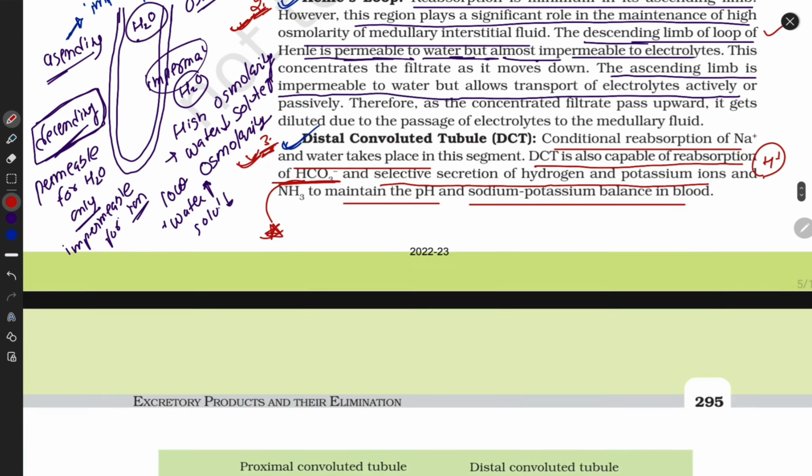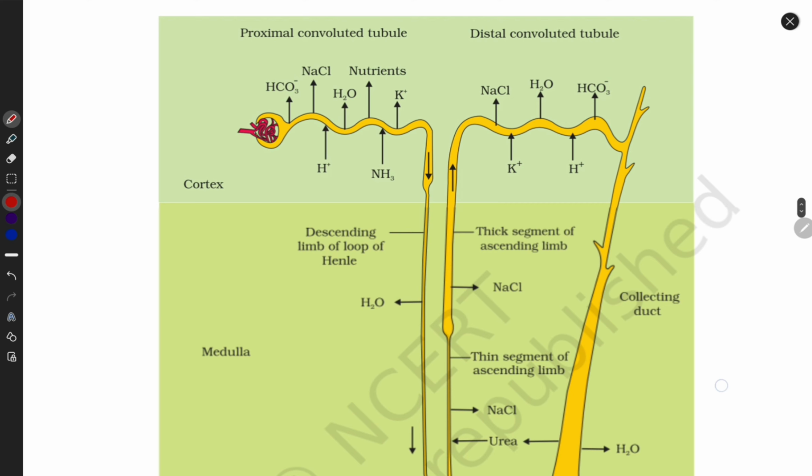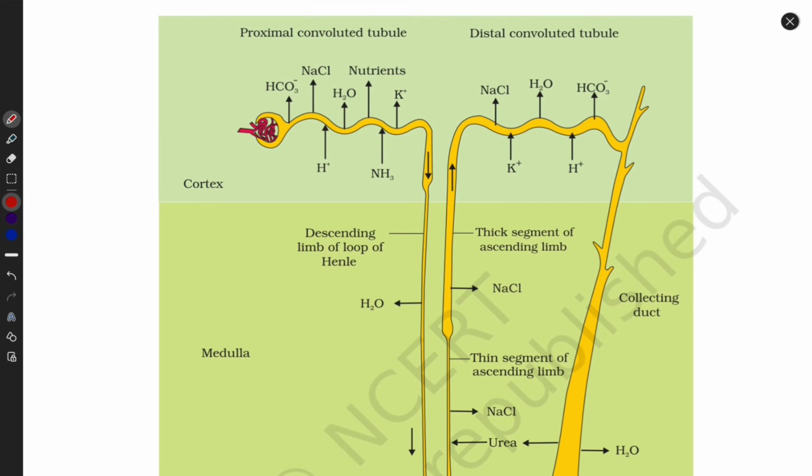Of course, definitely. Look at here, very beautiful diagram. This is the location where which kind of thing is absorbed and which kind of thing is secreted. This is inward movement. If the arrow is towards the tube, it means they show secretion. If the arrow sign is away from the tubules, it means they are absorbed.